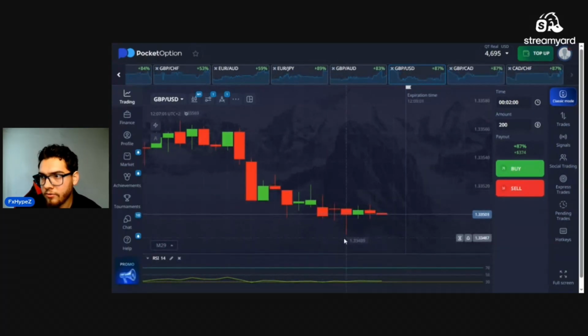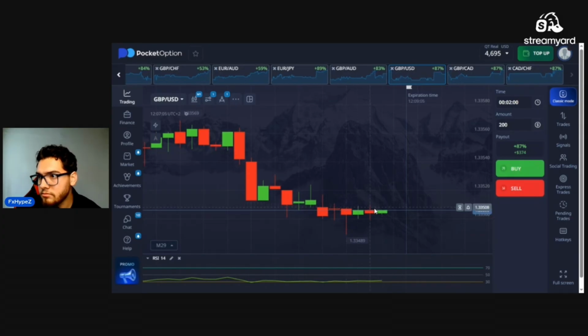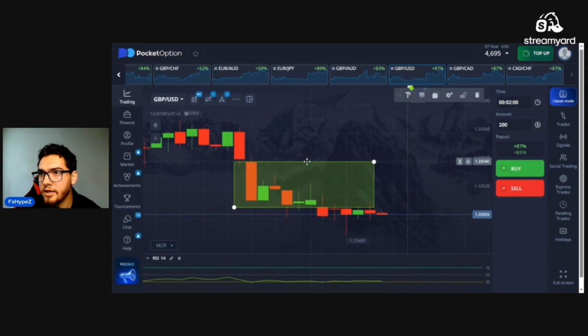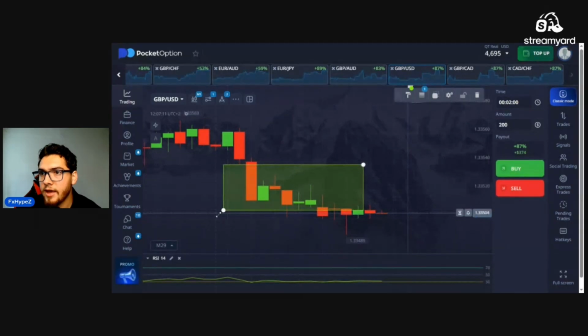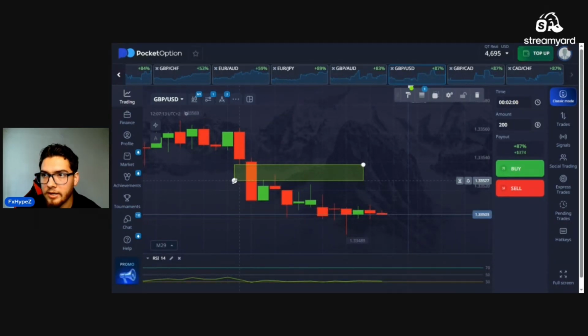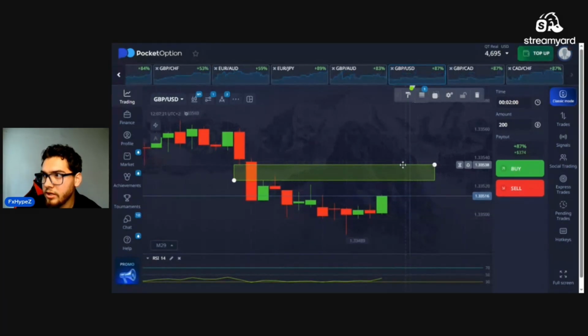Now, all I'm looking for is a potential break of structure, maybe a bullish engulfing candle here. If we take a look at the upside, we do have a mitigated fair value gap right here between 1.33527 and 1.33538.